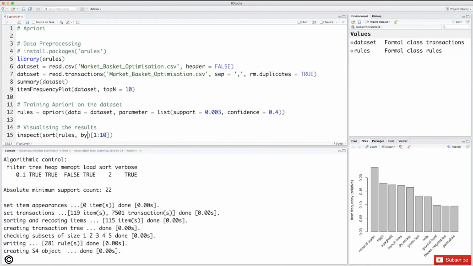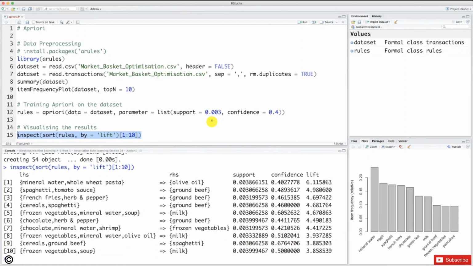And of course, we want to sort the rules by their lift. So here we'll add by equals and then lift. And we keep this 1:10 here to get the 10 first rules that have the 10 highest lifts. All right, so that's actually ready. We are ready to visualize the result. That is to clearly see what the rules are, what the strongest rules are. Okay, so let's execute this.